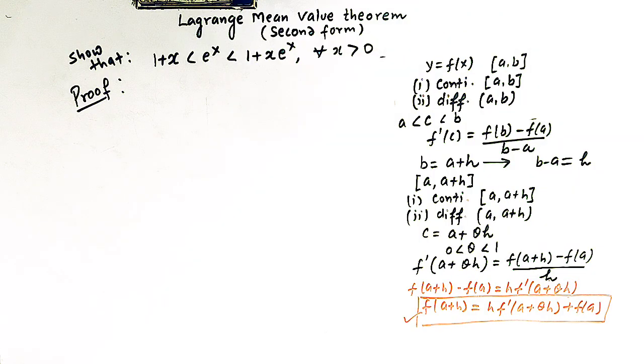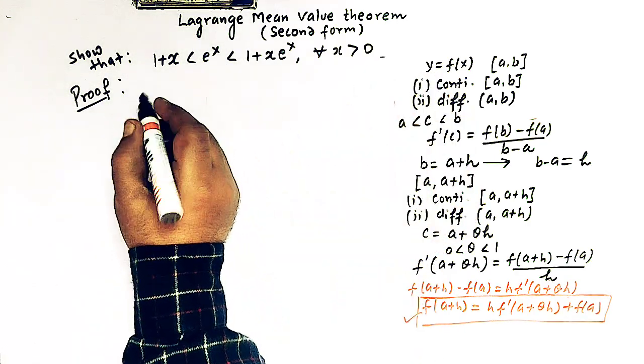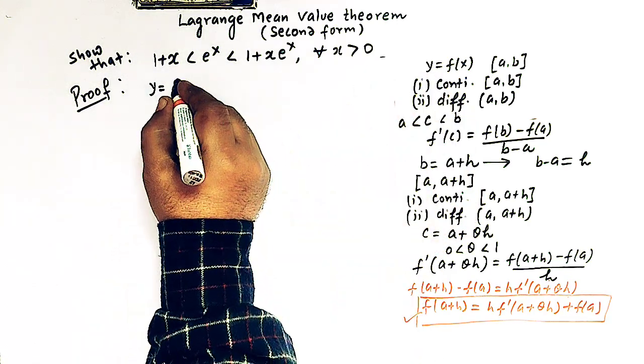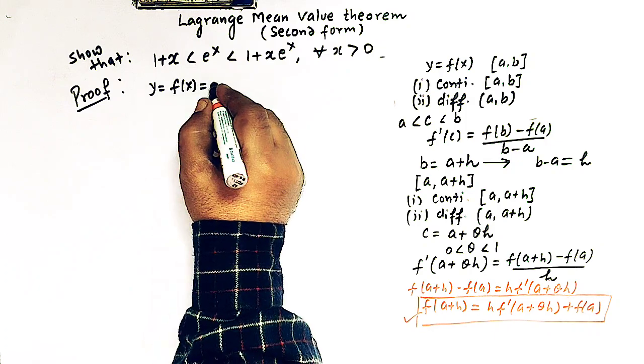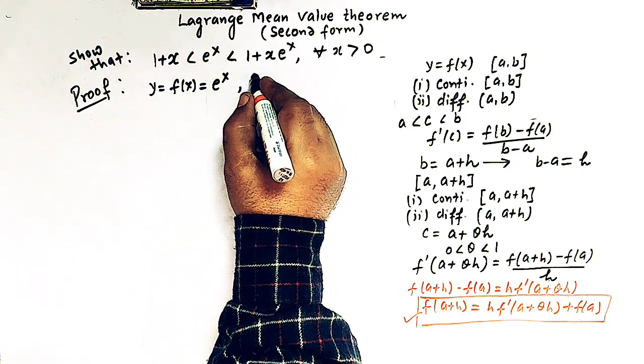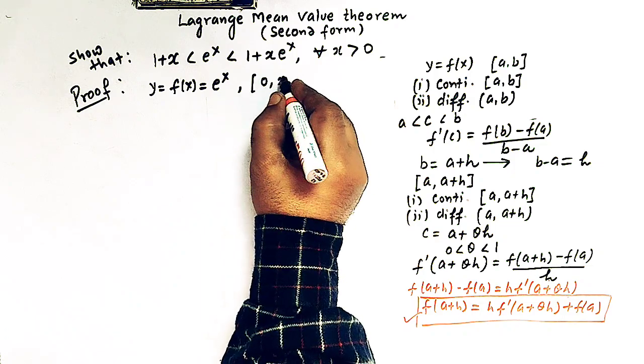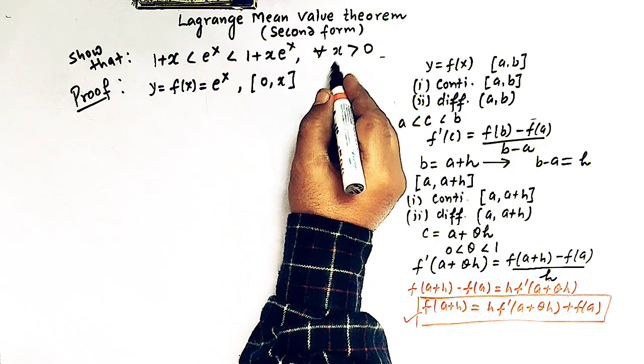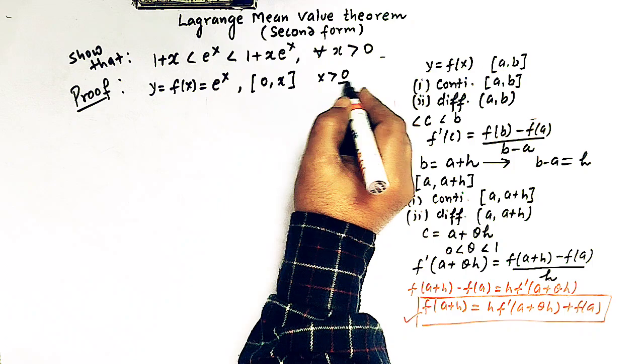Let us first take an appropriate function. We write y is equal to f of x is equal to e raised to x, defined in some interval 0 comma x, where x is greater than 0.